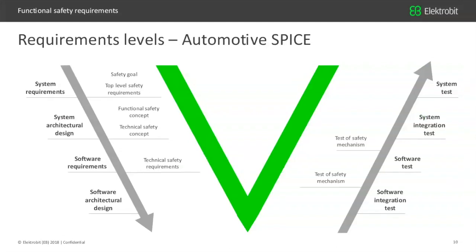So that brings us to the well-known V model. I just said that the safety goal has an influence on my top-level functional safety requirements, and based on this, on the system requirements level, I derive top-level safety requirements from my safety goal.